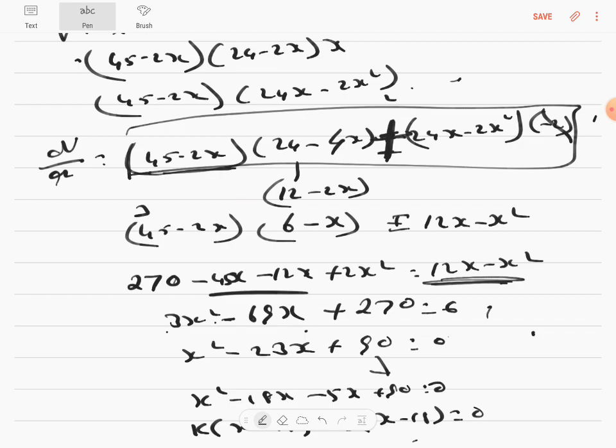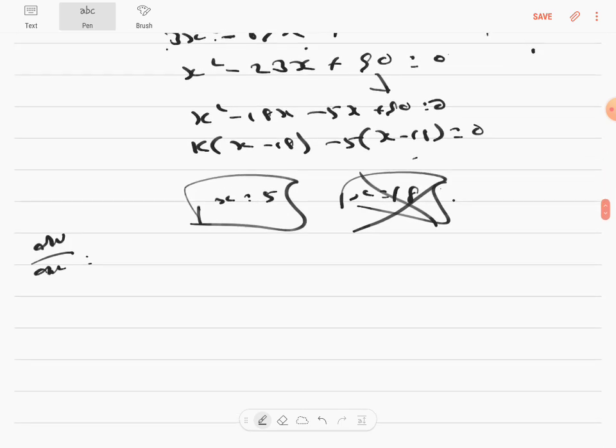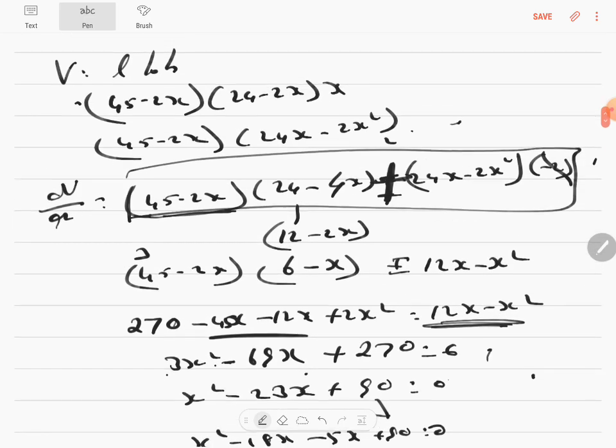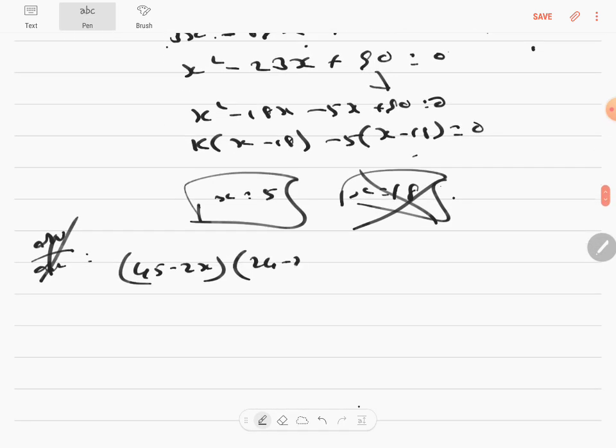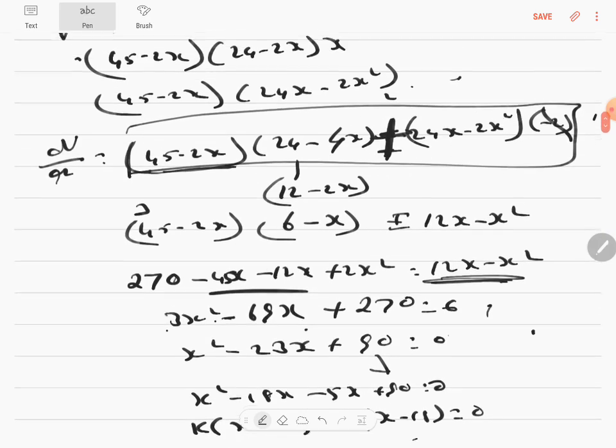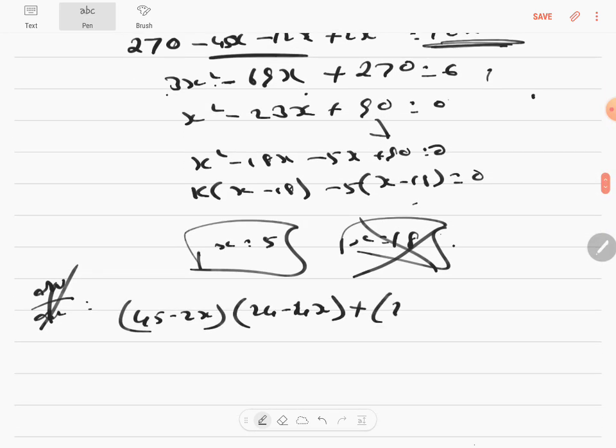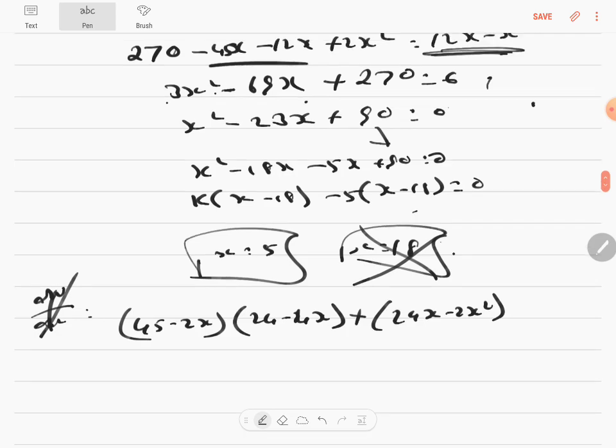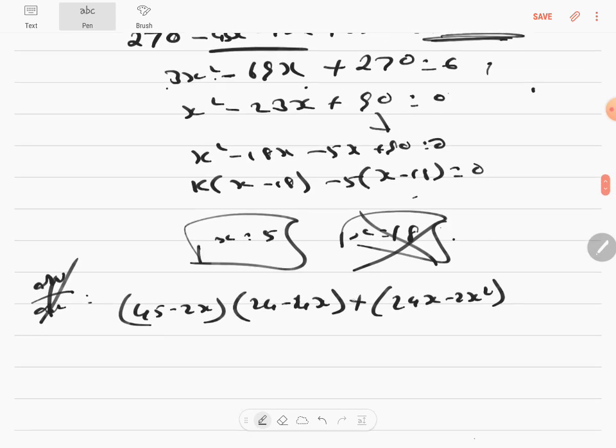So let's write this once again. I am very confused. It's actually 45 minus 2x into 24 minus 4x plus 24x minus 2x square into minus 2, which means it's a minus 2 here, and I have to double differentiate this.